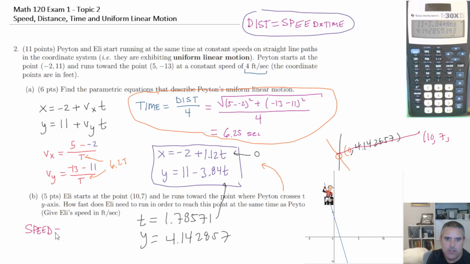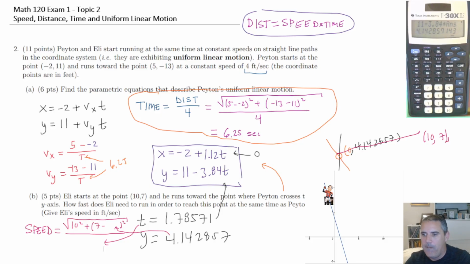It's distance over time. So you'd find the distance between Eli's 2 points, 10, 7, and this point we just found. So 10 squared plus 7 minus this messy number squared, divided by the time it took. That's it. You get like 5 point something seconds.